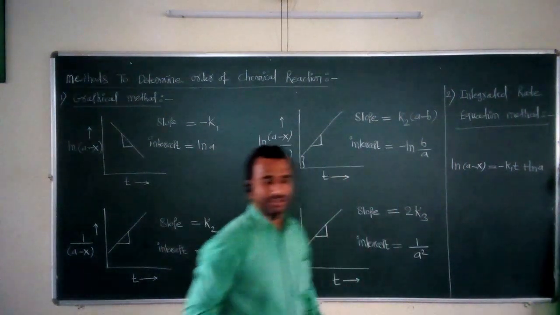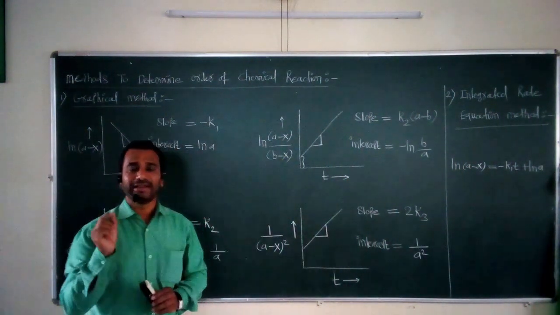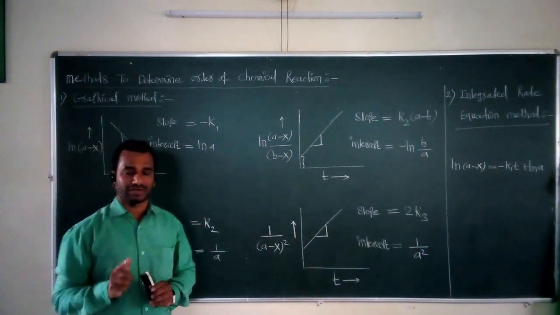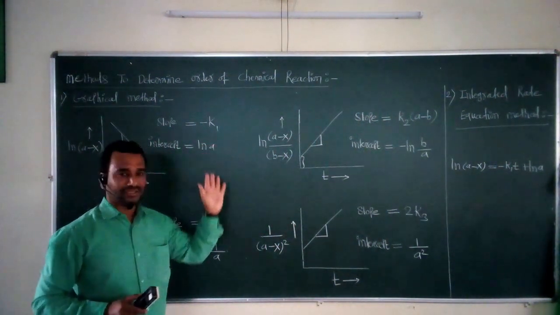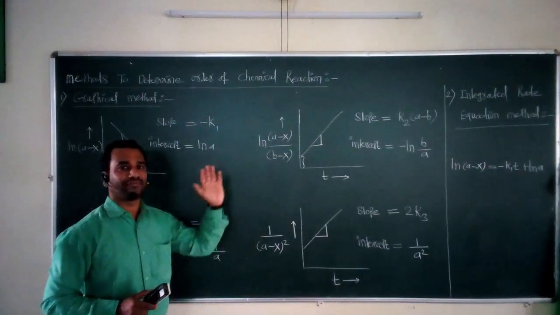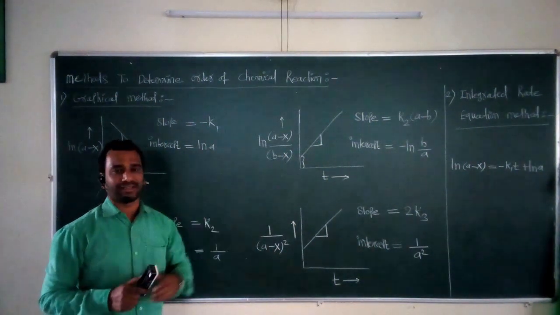So we can say that this is the straight line equation for the integrated rate equation for a first order reaction. In this way we have to convert all the integrated rate equations for first order, second order and third order reactions.